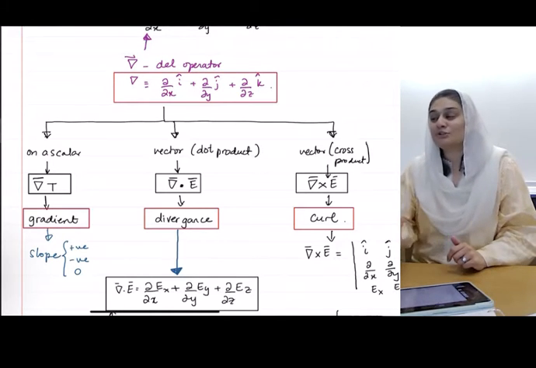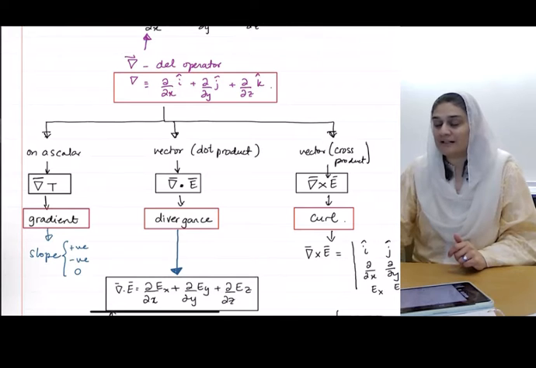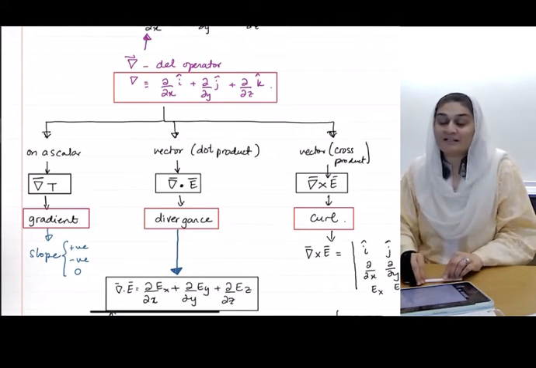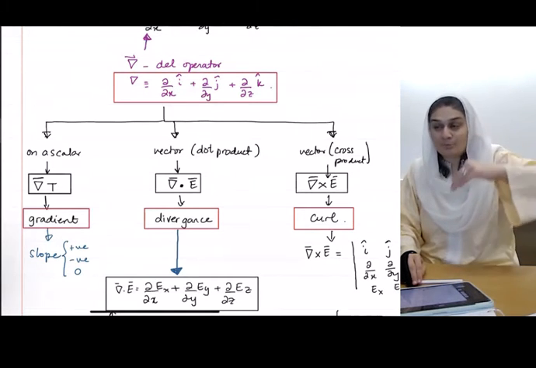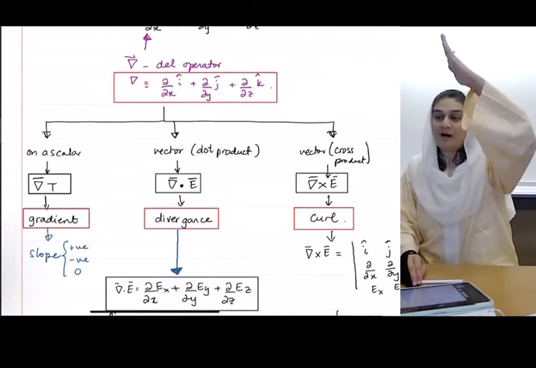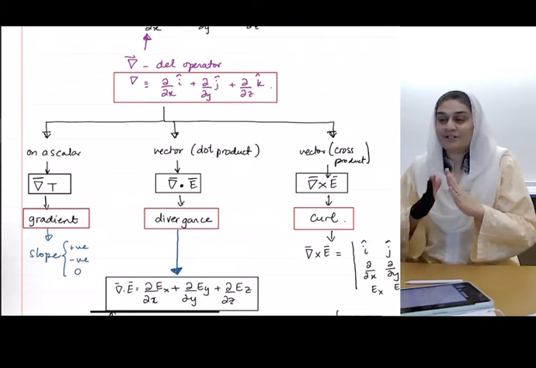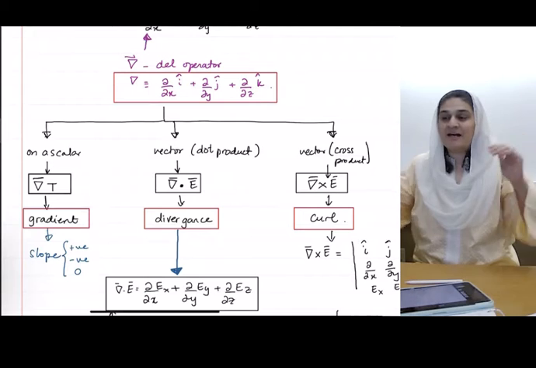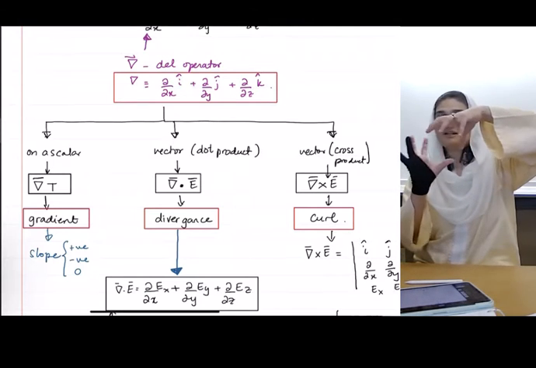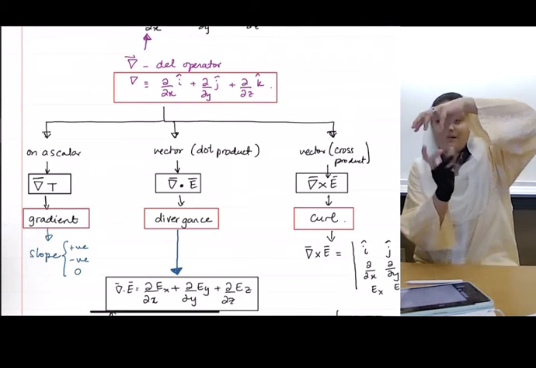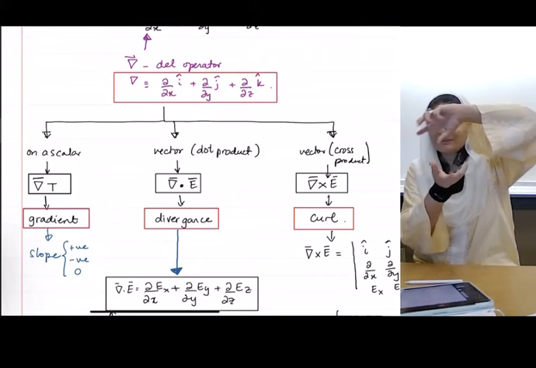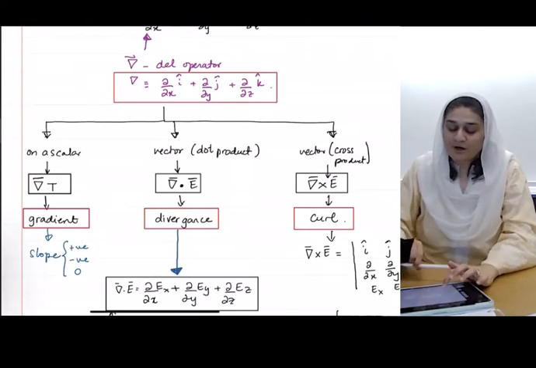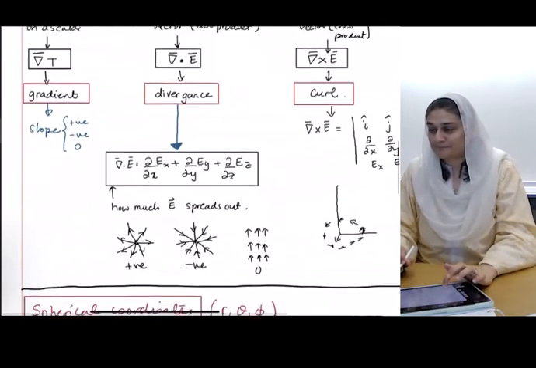And when it was a cross product, we called it a curl. We said the gradient is equivalent to the slope, how low, how high. The divergence is how much something spreads. And curl is how much something twists or curls about an axis, correct? These are all the things that we talked about.